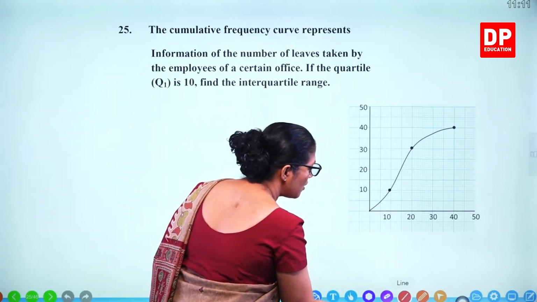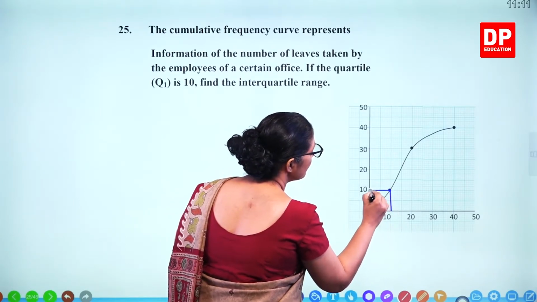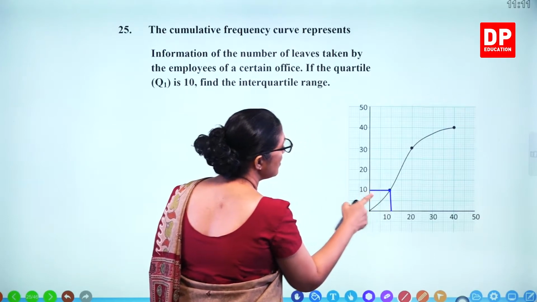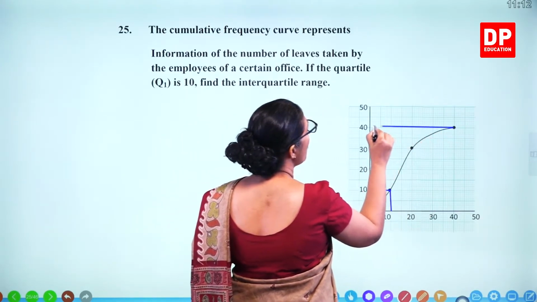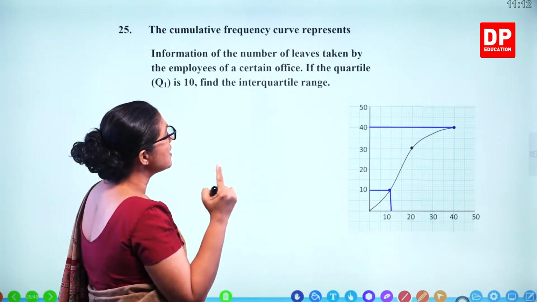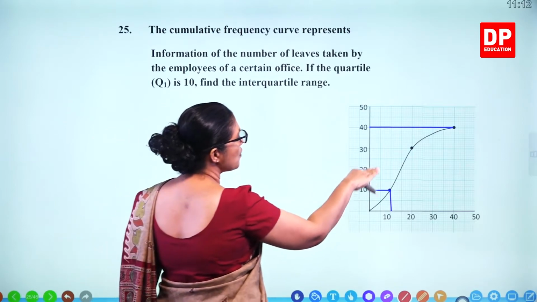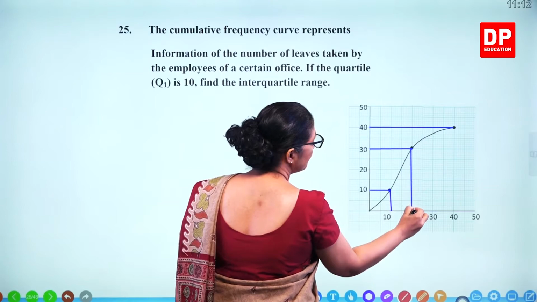So we'll draw and see. Quarter is that. So that means here, this is the full thing, 40. So a quarter of that is this. So what is 3 times of that? So this is the Q3. That's 20.